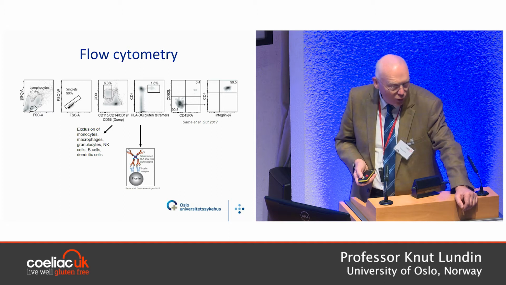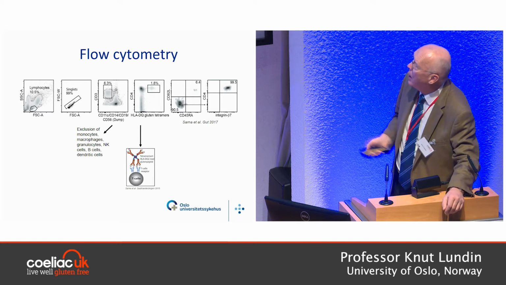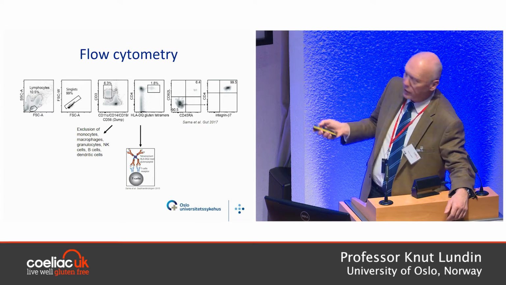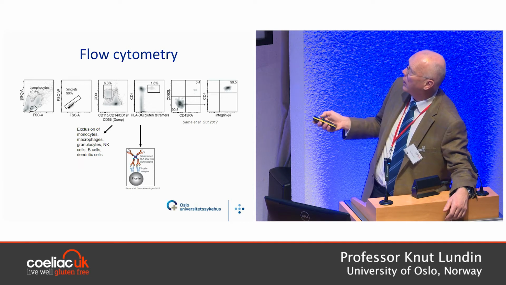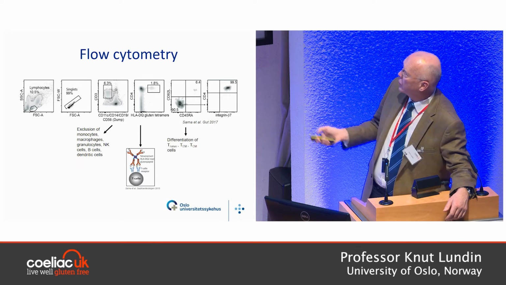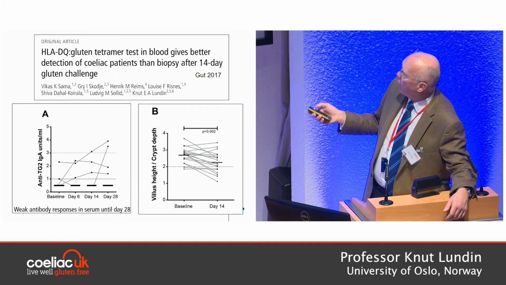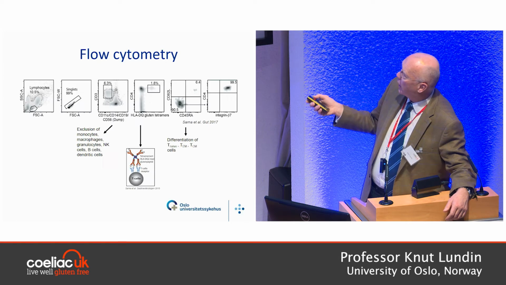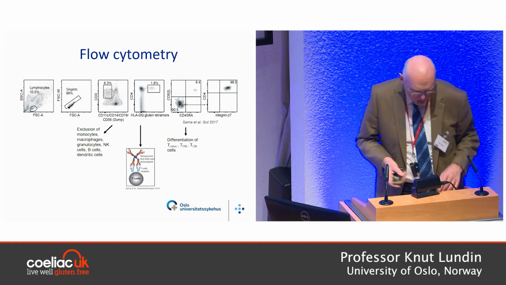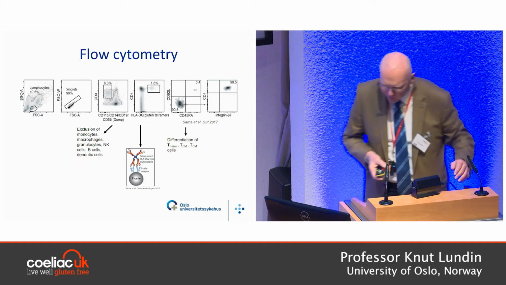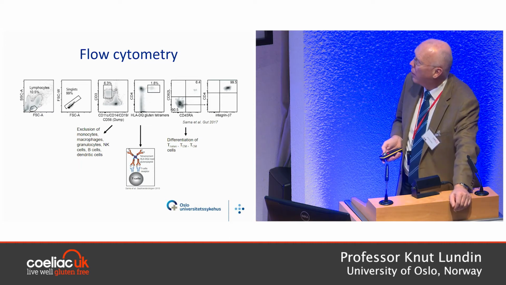So we are talking about few cells, but they can definitely be recognized in flow cytometry if you know the technique. We can show that these are memory cells. We can play around with these cells in vitro.